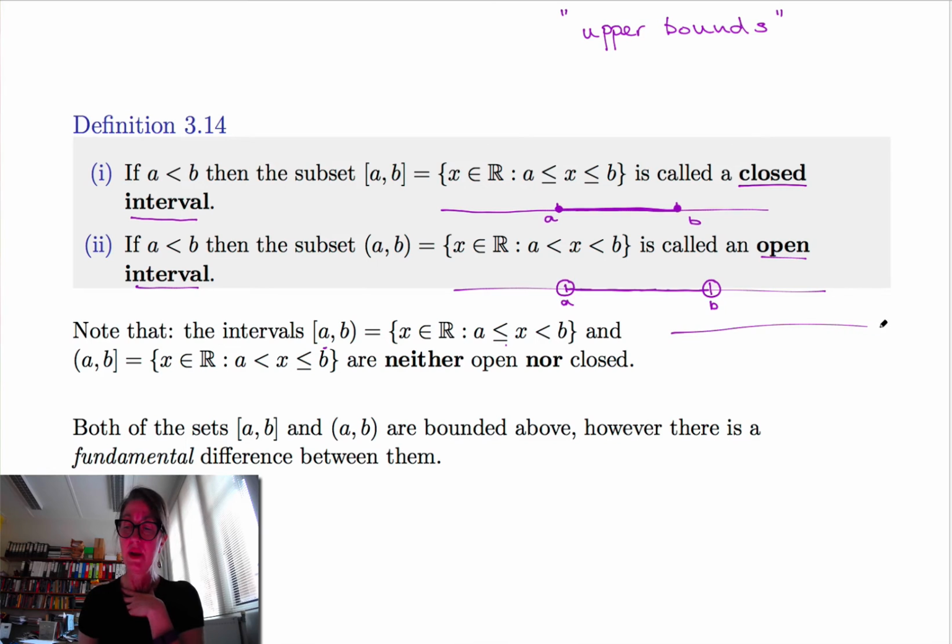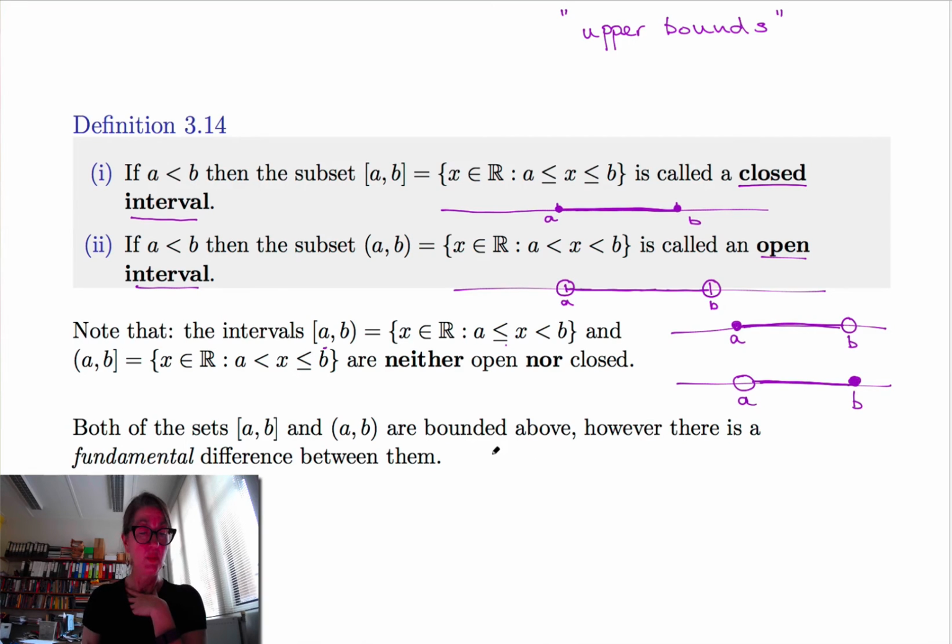So this one on a number line includes a and doesn't include b, but includes everything else in between. And this one doesn't include a, does include b, and includes everything else in between. So it's just got a filled in dot and an open dot.